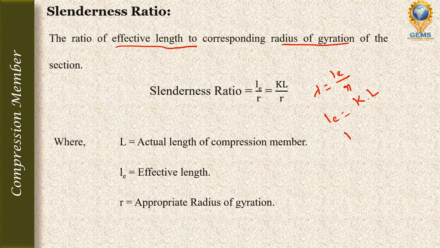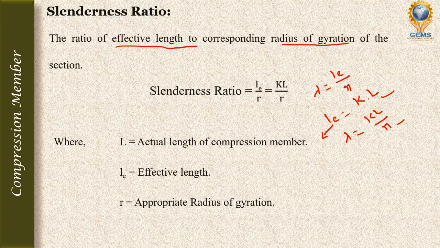So our lambda will be equal to KL by R. We know L is the actual length of the compression member, R is the radius of gyration, LE is the effective length and K is the effective length constant. In the coming part, we will see how to find the K value.